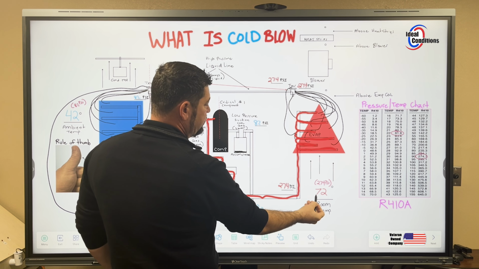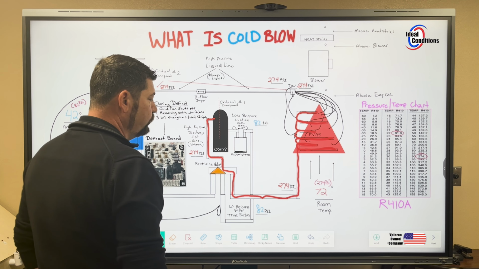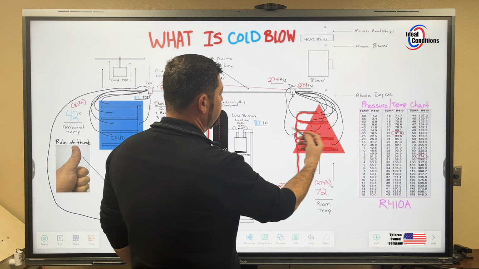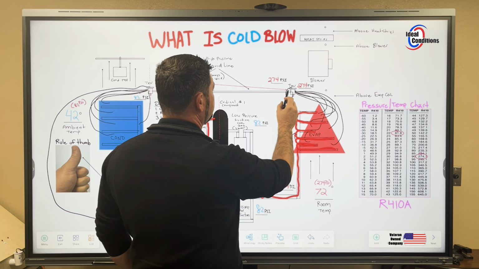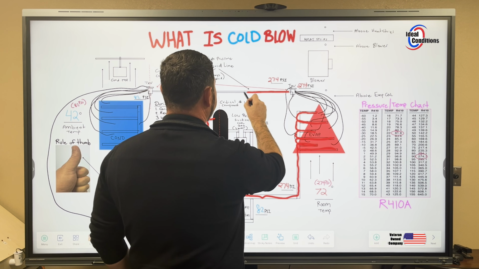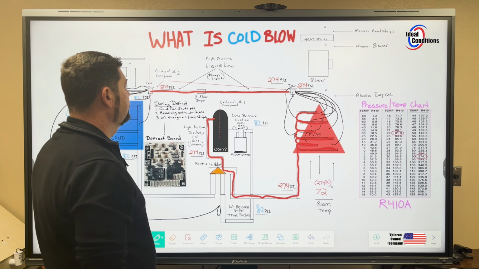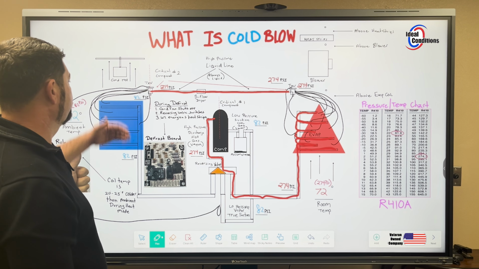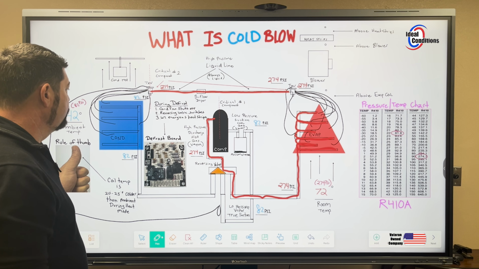And as that 72 degrees, which is obviously much cooler than the hot gas, is allowing that gas to condense down to a liquid. Once we go through the liquid line, going through the biflow, we have a pressure drop, which drops that back down to a low PSI.